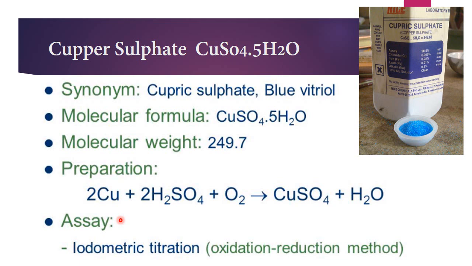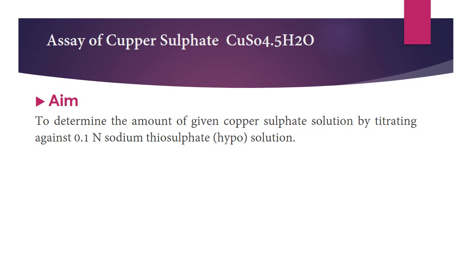How can it be assayed, or determined? The assay of the pentahydrated form of copper sulphate is based on iodometric titration, which is a type of redox titration. As we learned in the previous lecture, the assay of copper sulphate is based on iodometric titration.